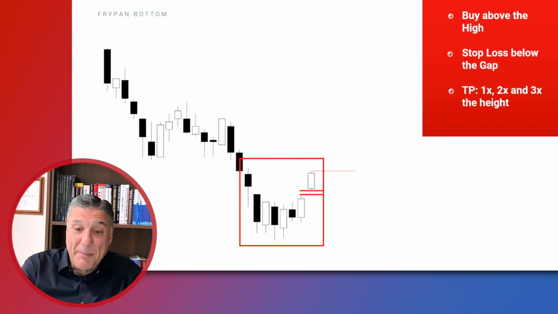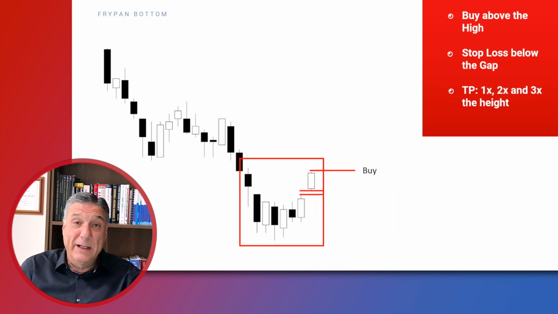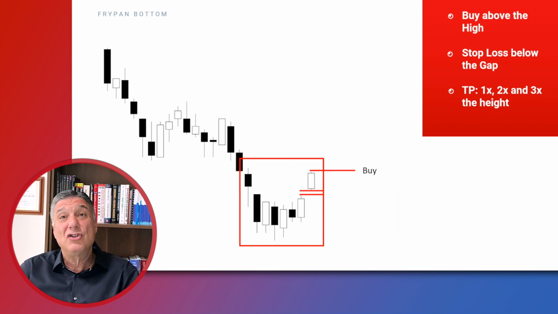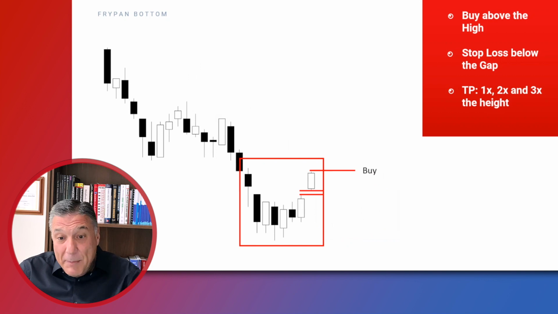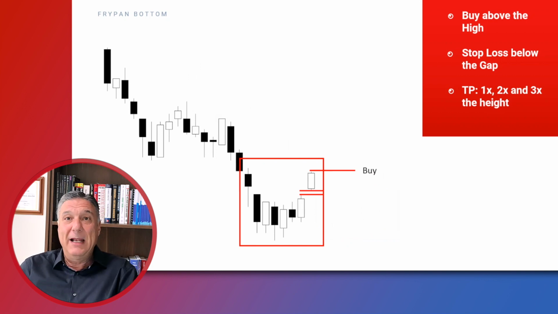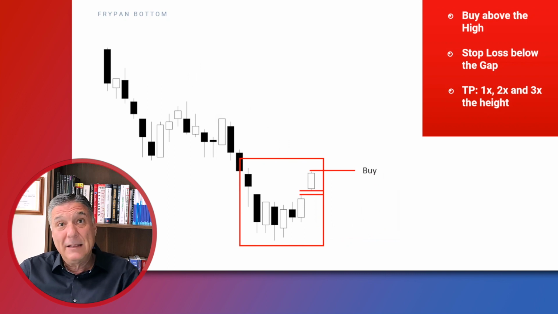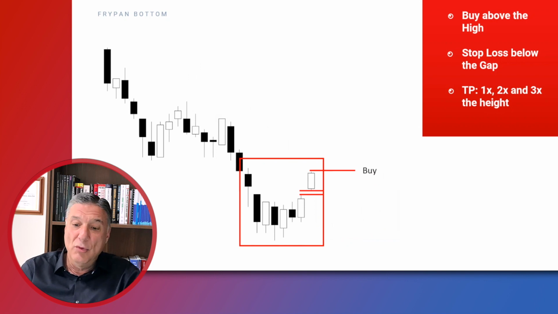We're going to place a buy order right above the high price of the white candlestick, and a protective stop loss right below the gap, because gaps in general act as support and resistance zones, and in this case it will act as a support area. You never know what is going to happen next, and if the market goes in the opposite direction as expected, then we need to protect our capital.